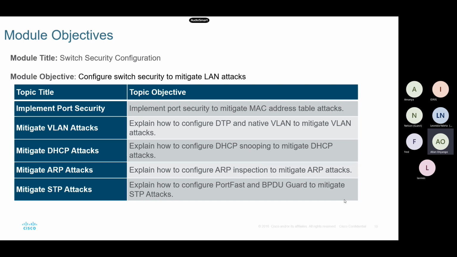Then we'll configure ARP inspection, DAI, dynamic ARP inspection, to mitigate against ARP attacks. And to mitigate against STP attacks, that is spanning tree protocol attacks, we are going to configure PortFast and BPDU Guard, the Bridge Protocol Data Unit Guard, to mitigate against these STP attacks.